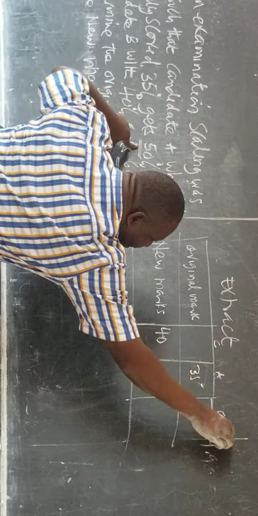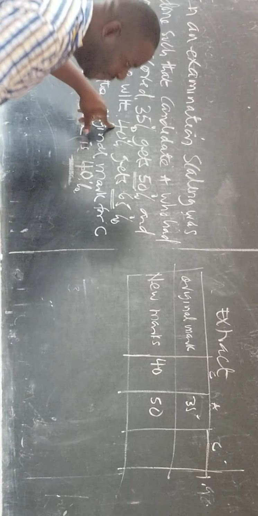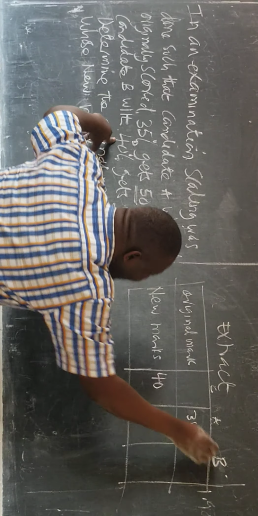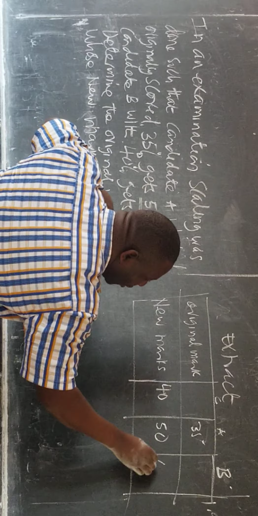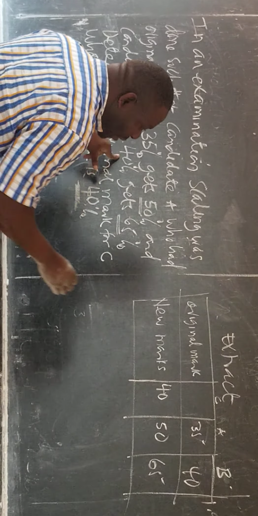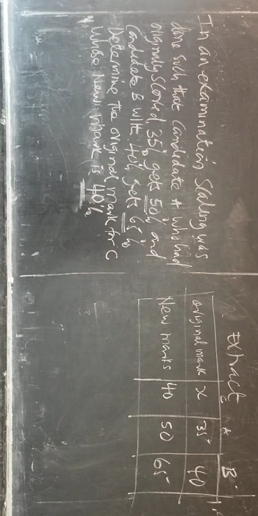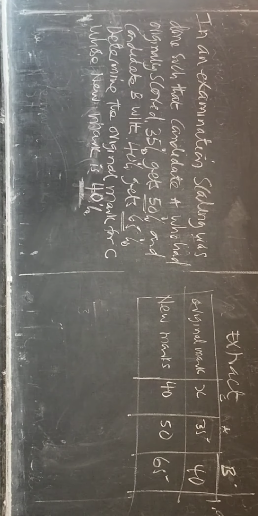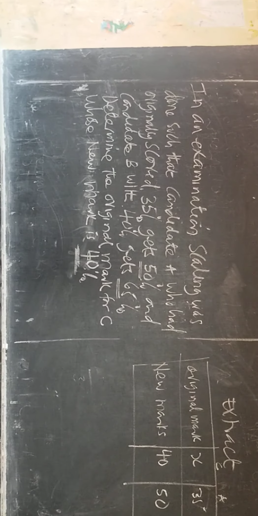Then we have C here, and we have B. This is candidate B, whose new mark is 65 when his original mark was 40. So what we don't have is the original mark of candidate C, whose new score becomes 60.